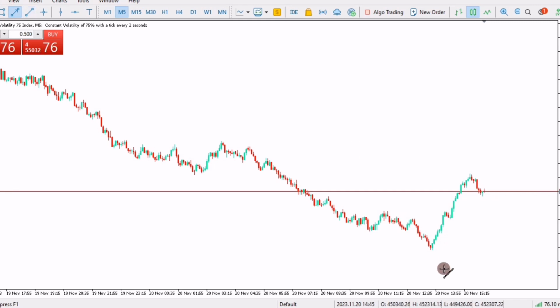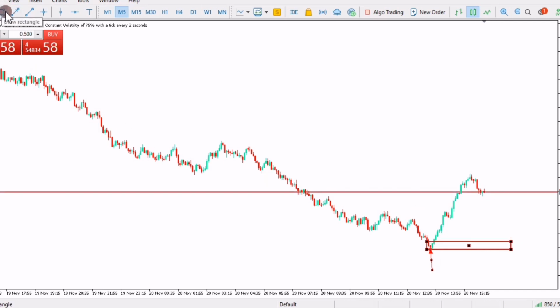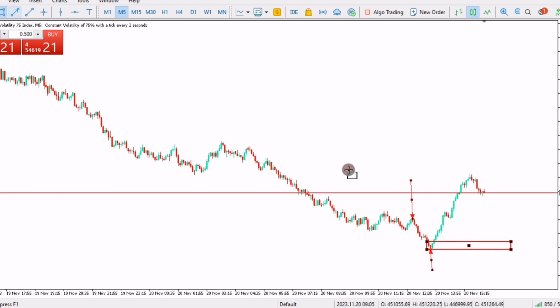What do you do after identifying the corner? Let's say you identify that one when price was making a turnaround. This is all that you do. You mark it like that, and then there was another corner there. You see that one? You also mark it like that.